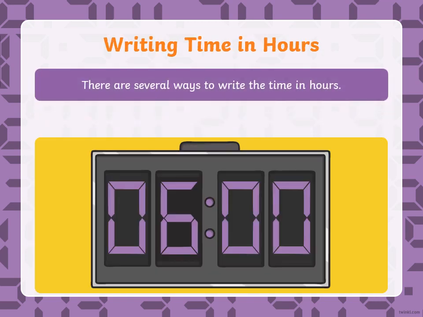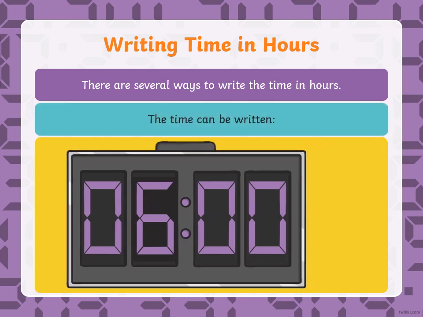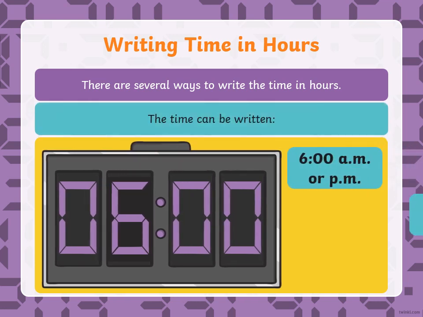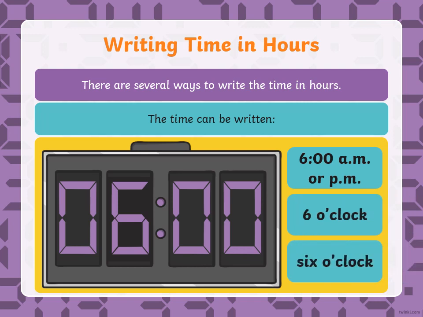There are several ways to write the time in hours. This can be written 6 a.m. or 6 p.m., 6:00 or 6 o'clock. It sounds the same, but it looks different because we can use numbers and we can use words.